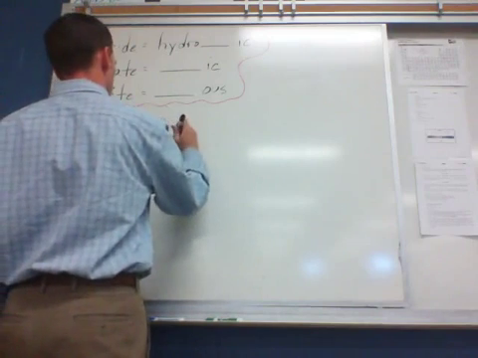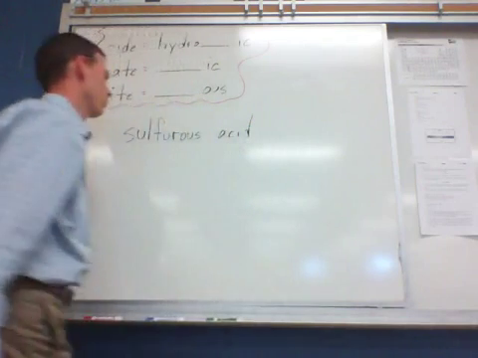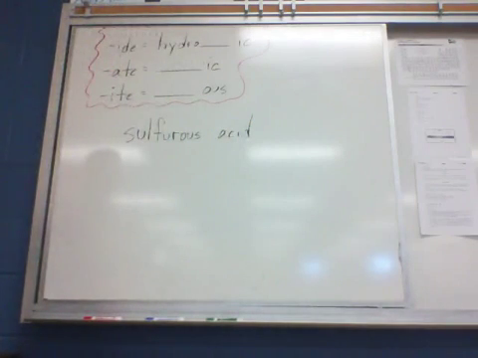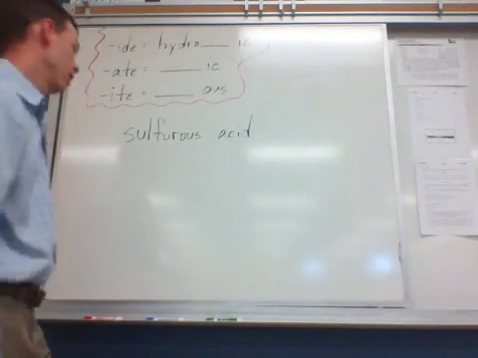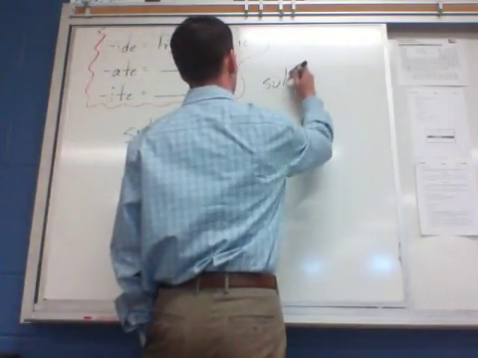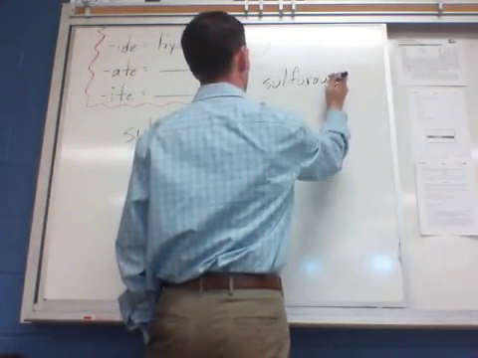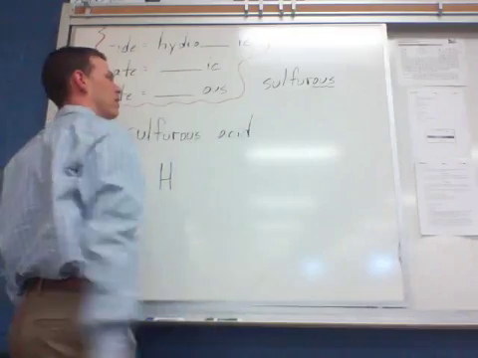Let's do another. Sulfurous acid must have a formula that starts with H because of the word acid. Now we'll take a look at the word sulfurous. As I examine this word, I see that it ends in ous.